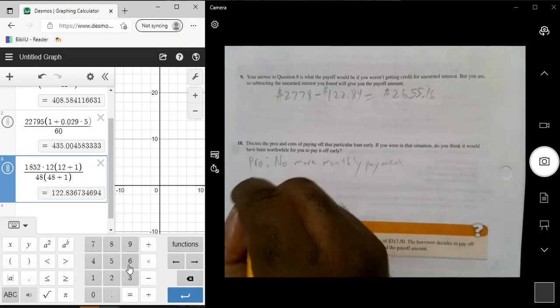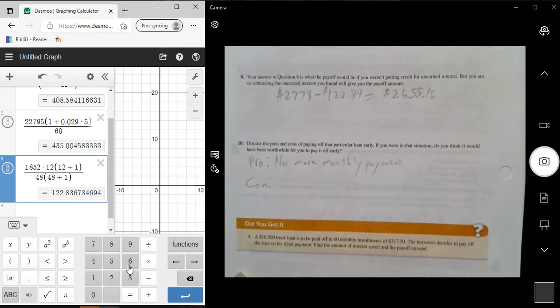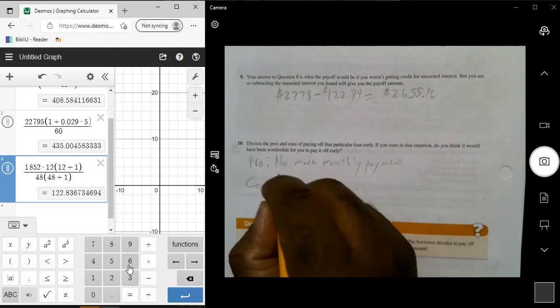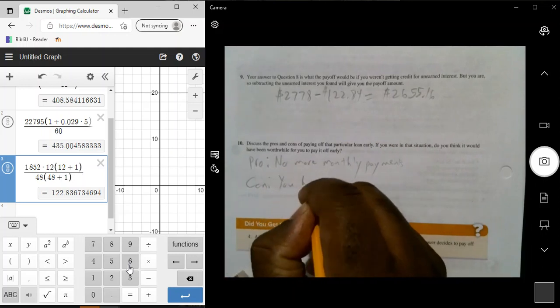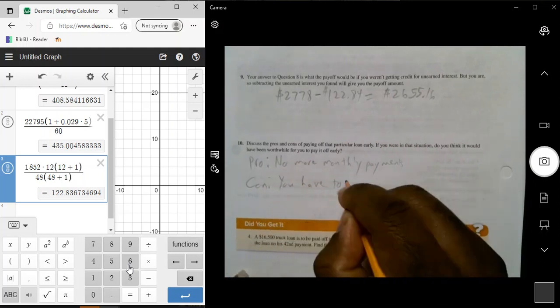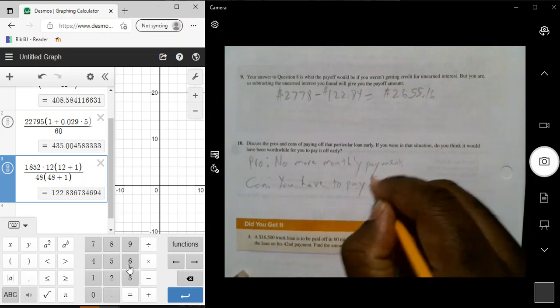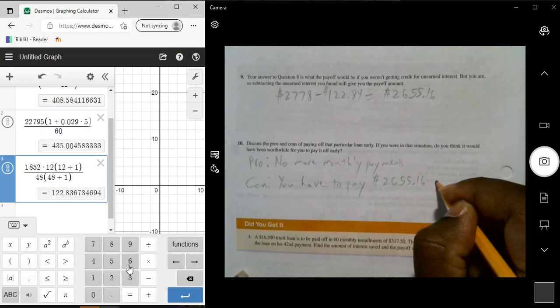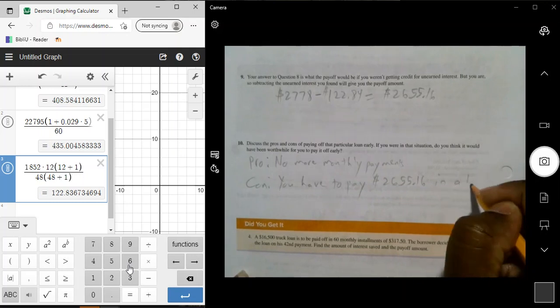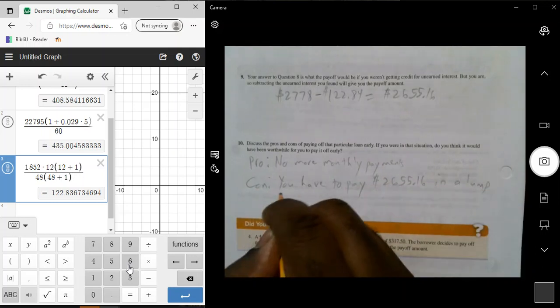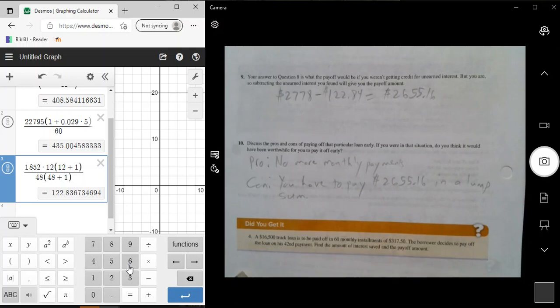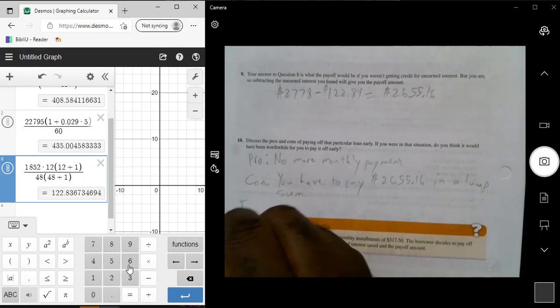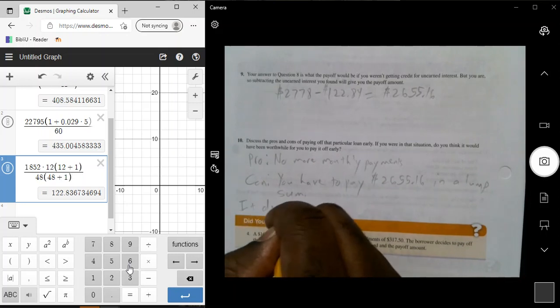And a quick con would be you have to pay $2,655.16 in a lump sum. And what would I do if I was in this situation? It would just depend.